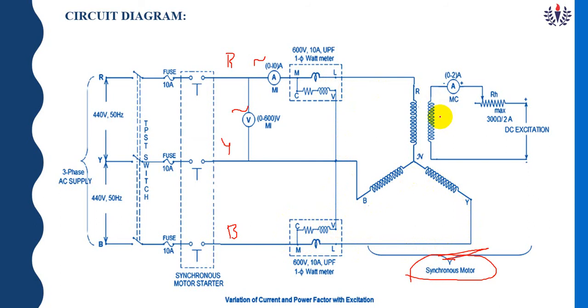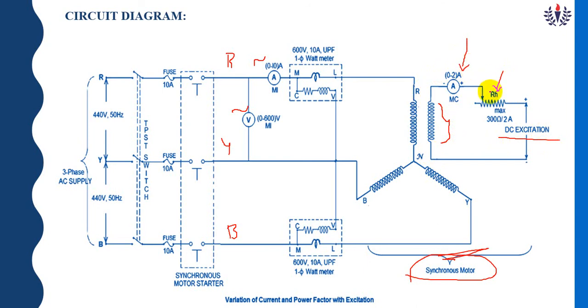Next, for the excitation of the field, the magnetic field of the machine, a separate DC excitation is required, and that separate DC excitation is connected to the field terminals via a rheostat and ammeter. Why is the rheostat required?